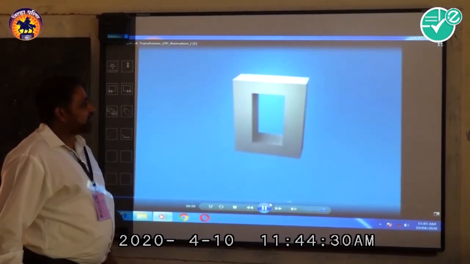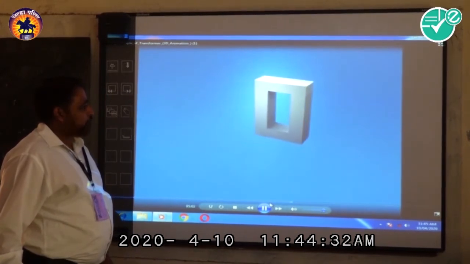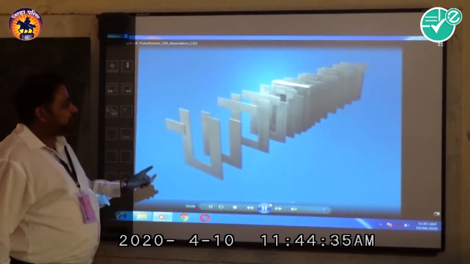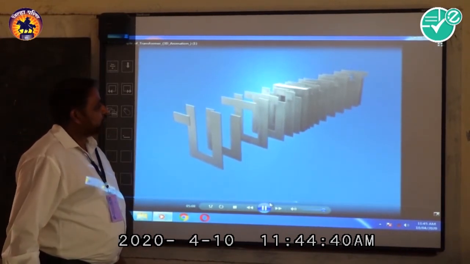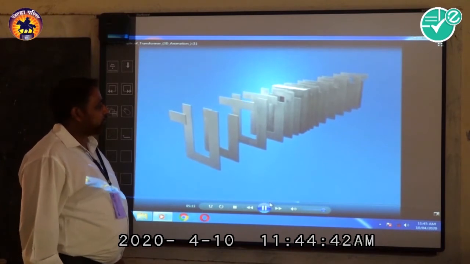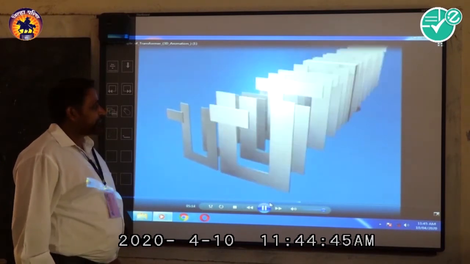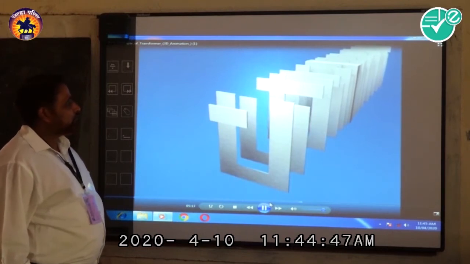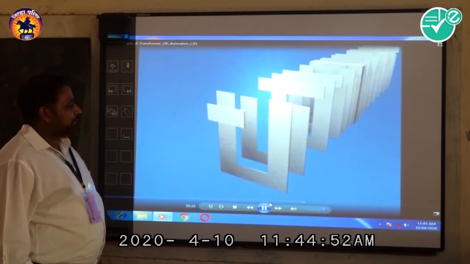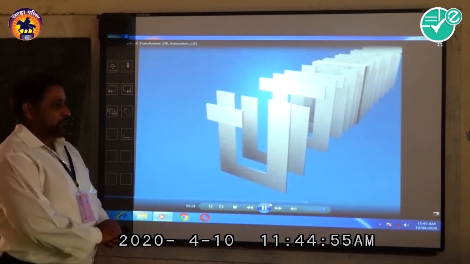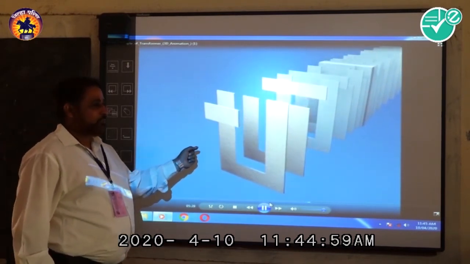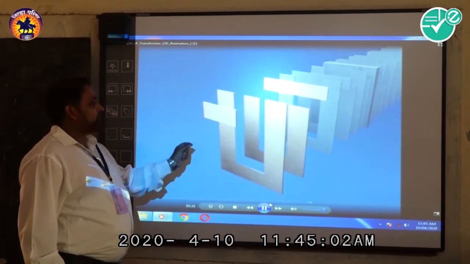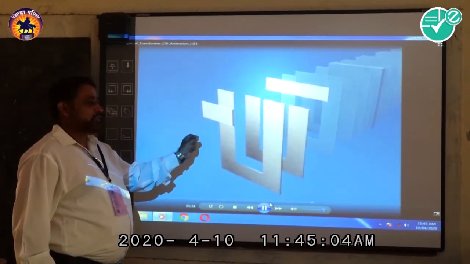This you are seeing is an iron core. Number of turns are like this. And you can go ahead and see very closely you are going to observe the number of turns which are made up of cobalt, nickel or iron.